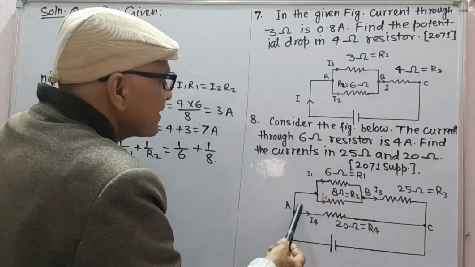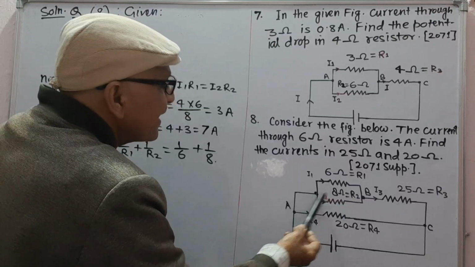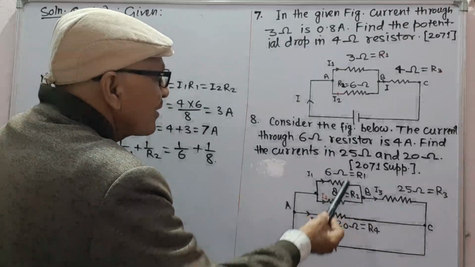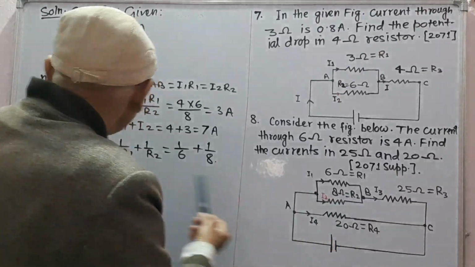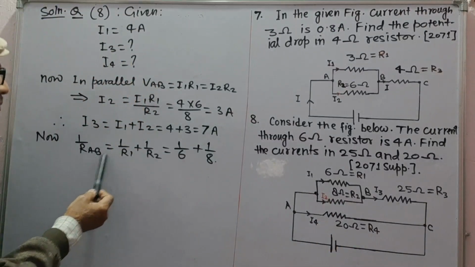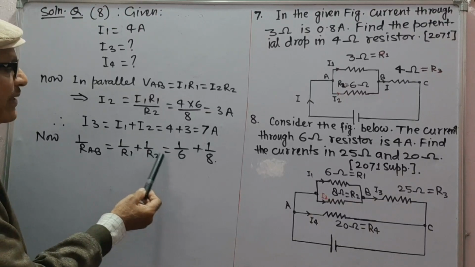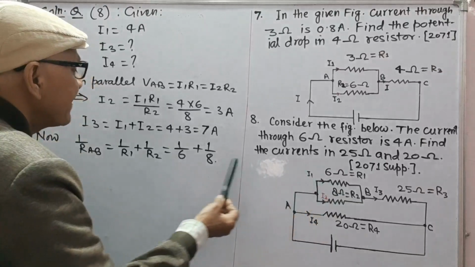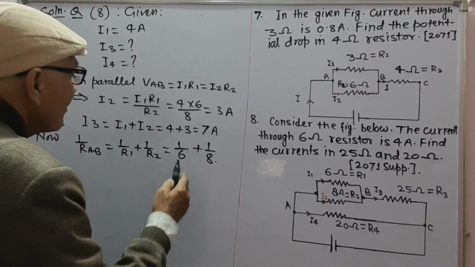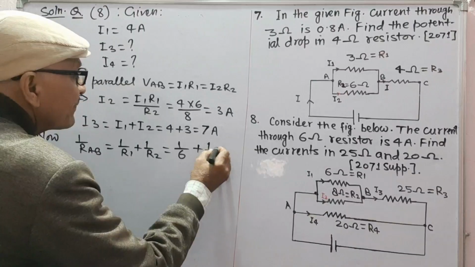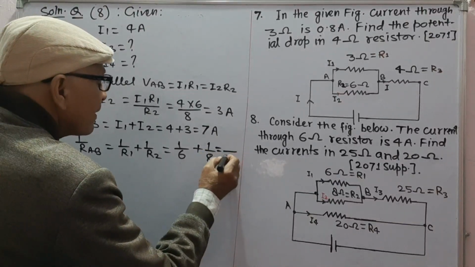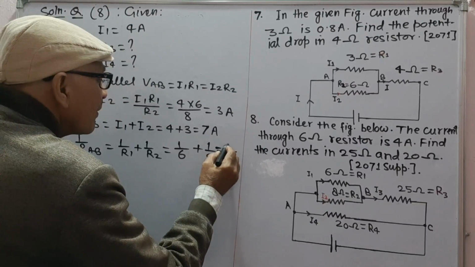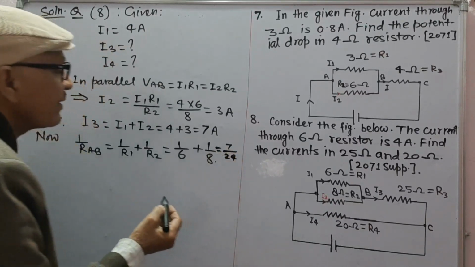So, the resultant resistance between points A and B will be 1 upon RAB is equal to 1 upon R1 plus 1 upon R2, equal to 1 upon 6 plus 1 upon 8, which gives 7 upon 24.